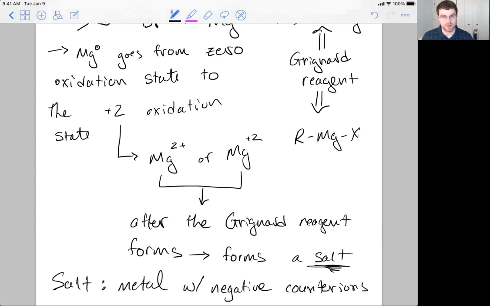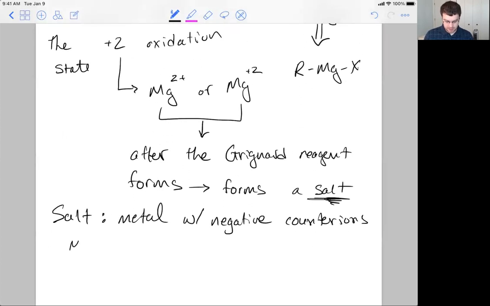I'm trying to simplify this a little bit. So salt is a metal with negative counterions, like sodium metal with a chlorine counterion, that's table salt. Typically, magnesium would form ionic bonds with 2 halogen atoms. So we would have magnesium and 2 Br atoms, and that would form MgBr2, which is a salt.